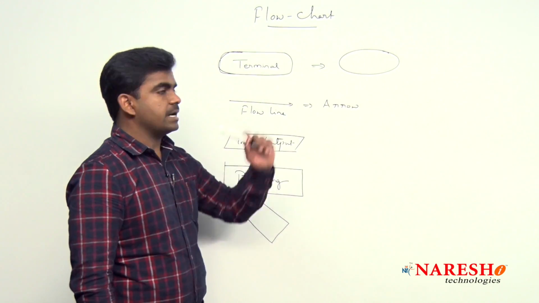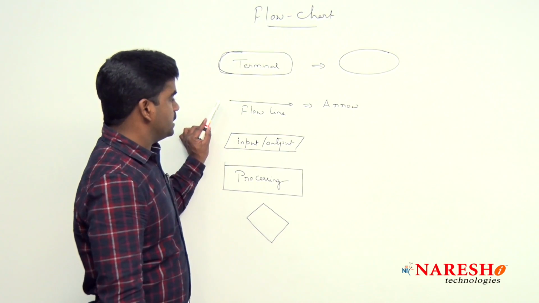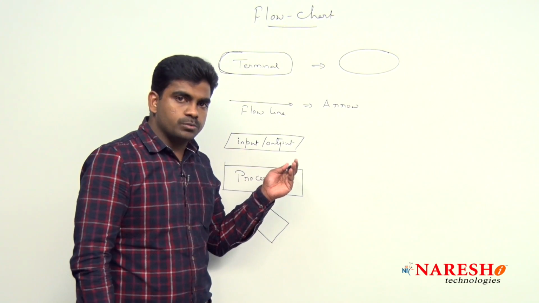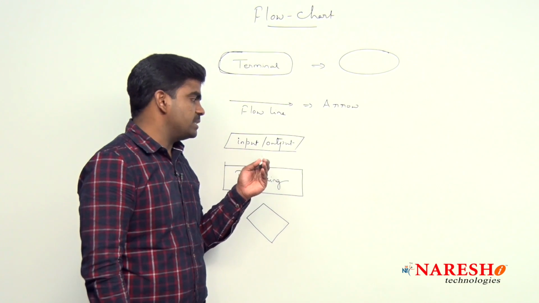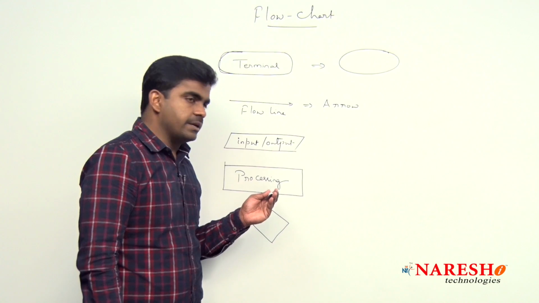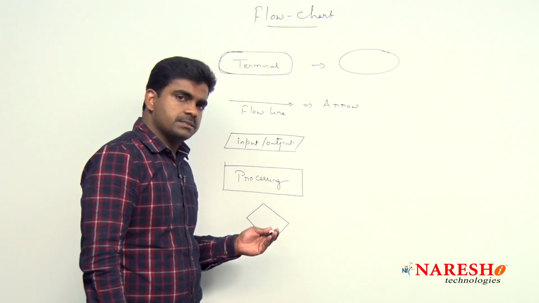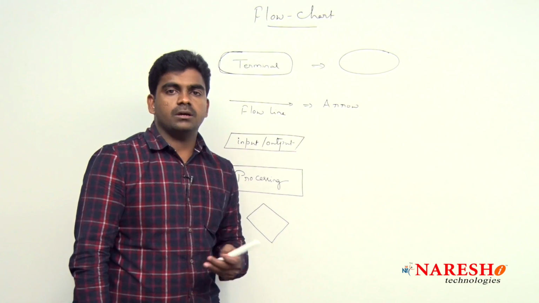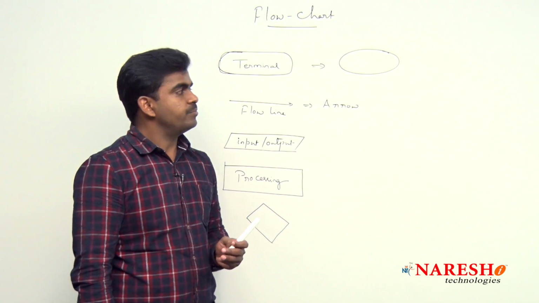One is to represent start and end, one is representing the flow, and in case any input and output statements are there, we are representing with a parallelogram and with a rectangle. And next, the decisions, the conditions, we are representing with a rhombus.